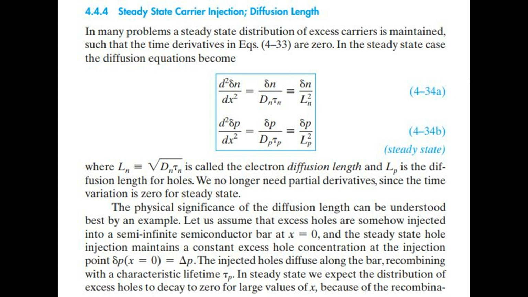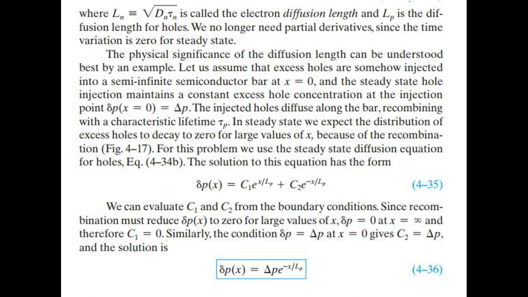The injected holes diffuse along the bar, recombining with a characteristic lifetime τ_p. In steady state we expect the distribution of excess holes to decay to 0 for large values of x, because of the recombination, Fig. 4-17. For this problem we use the steady-state diffusion equation for holes, Eq. 4-34b. The solution to this equation has the form.